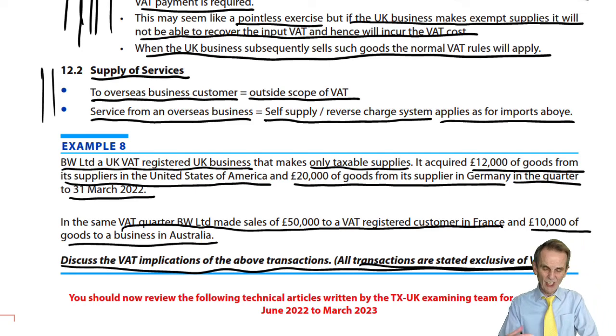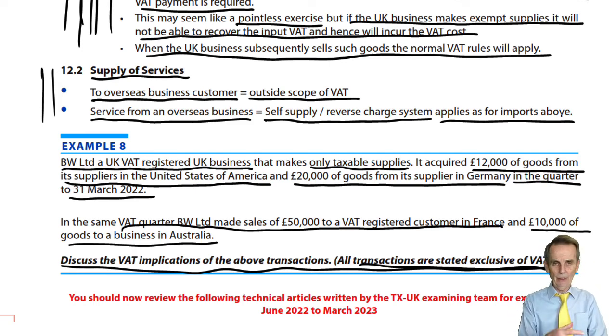So when that service is supplied to us, for the VAT return period in which the service is supplied, we have to account as the UK business for the output VAT in relation to that service cost. And as long as what we do is to then go on to make taxable supplies, then we can recover that output VAT as input VAT and it's cost us nothing.